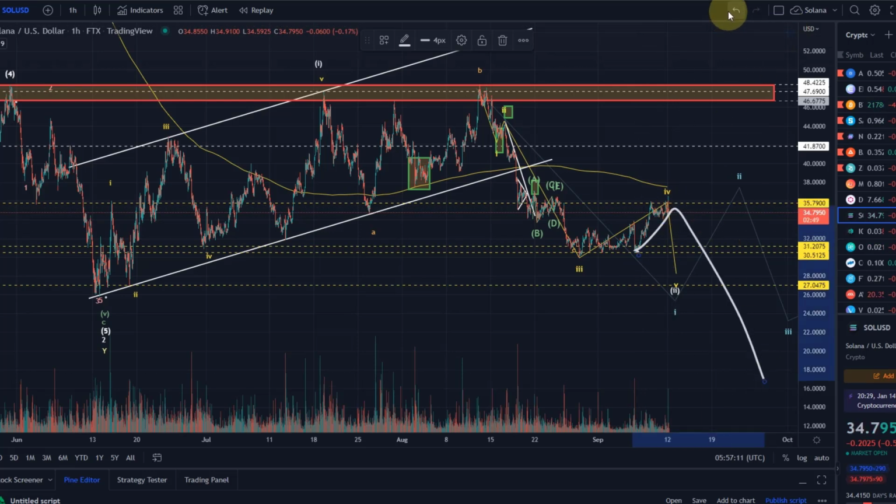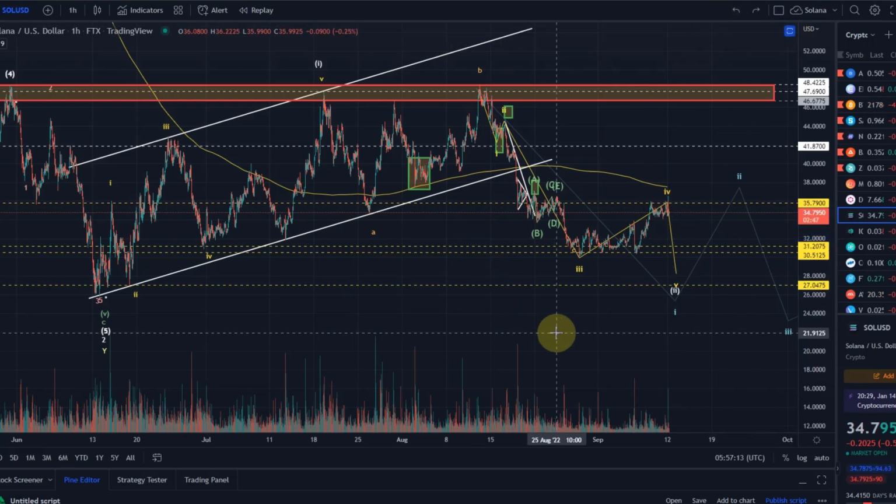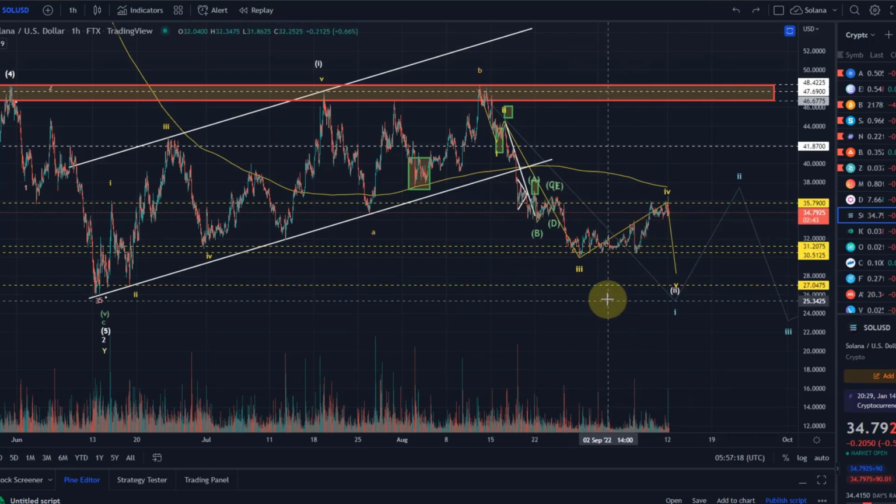You know, there's just too many possibilities here at the moment, and sometimes it's then just best to stay away from it. Or if you're really a great Solana fan, then you could of course just accumulate for the long run. But at the moment, because there are so many uncertainties here in the market, I would want to wait for some clarity. When would some clarity come? For me, some clarity would occur if we make that additional low.